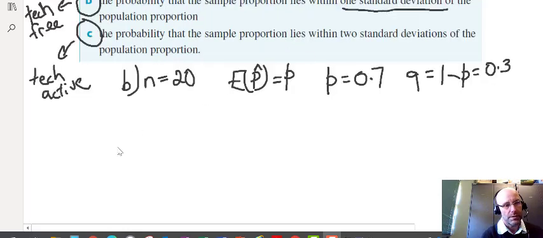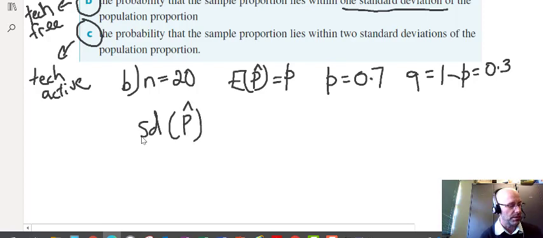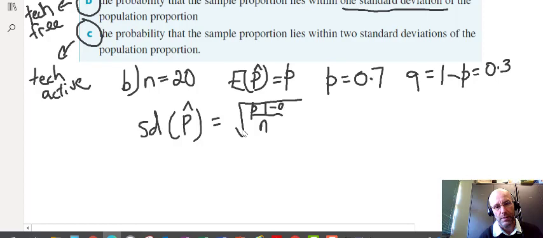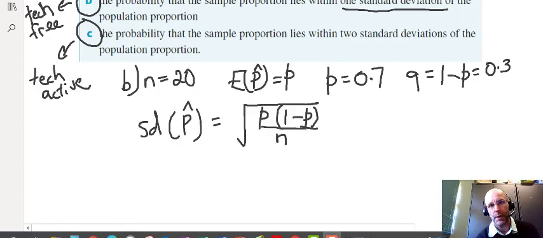Standard deviation is what we're going to calculate first up, and we've got the standard deviation of p hat based on what we discovered last time round. And we've got to enter our values in, which we've written just above.